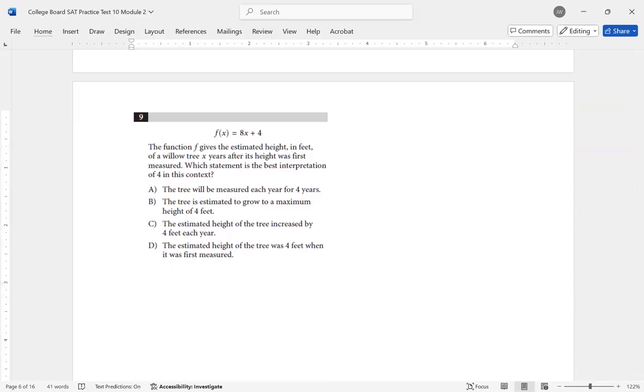Question 9. The function f gives the estimated height in feet of a willow tree x years after its height was first measured. What statement is the best interpretation of 4 in this context? Well, x is going to be the number of years, f is going to be the height. X equals number of years.